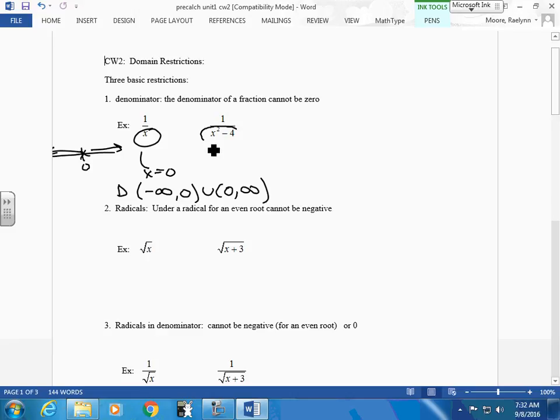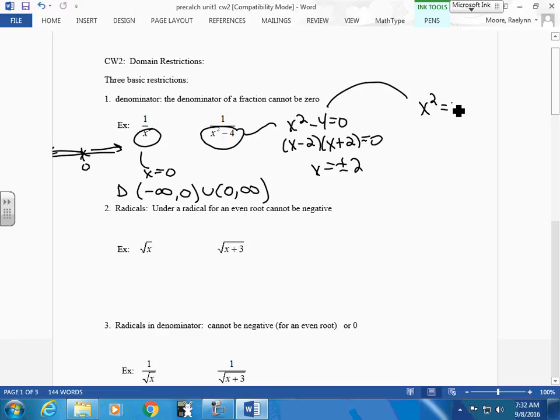Again, a fraction, you're going to set this equal to 0. Whether you add 4 and take the square root, or you do your perfect squares, whichever way you like to do this is fine with me. Remember though, whenever you take the square root, you always get a plus or minus. So remember to include your plus or minus.